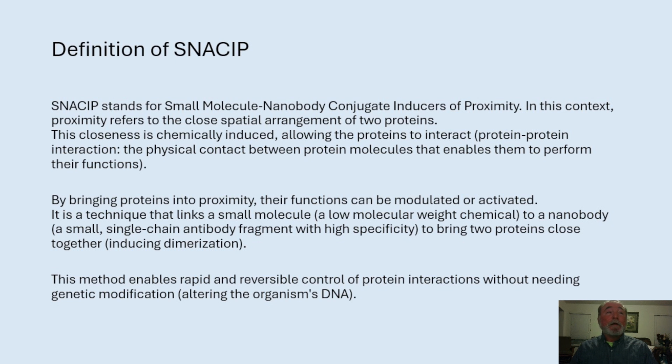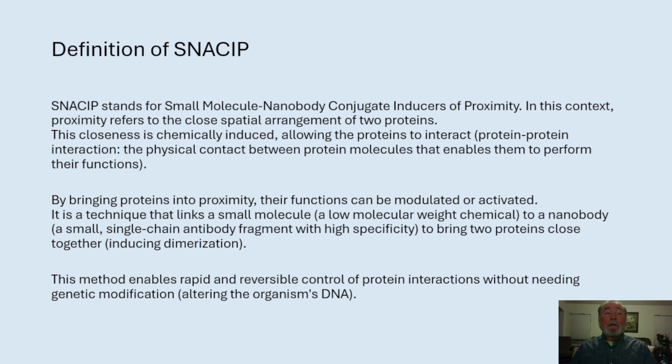In this context, proximity refers to the close spatial arrangement of two proteins. This closeness is chemically induced, allowing the protein to interact, protein to protein, with another protein. By bringing proteins into proximity, their function can be modulated or activated.